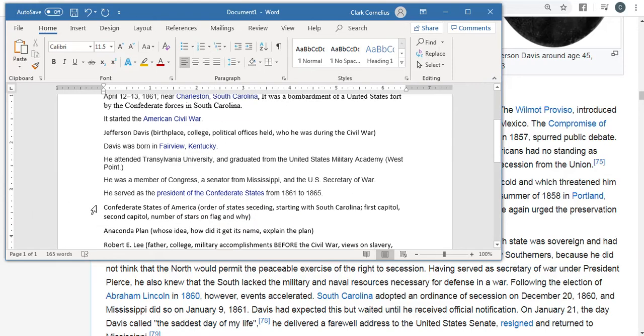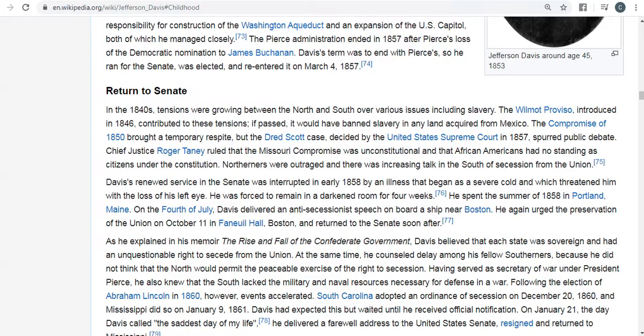Okay, the Confederate States of America. Order of the states seceding, starting with South Carolina, so I gave one. The first capital, the second capital, and the number of stars on the flag and why. Okay, Confederate States of America. So, back to here.